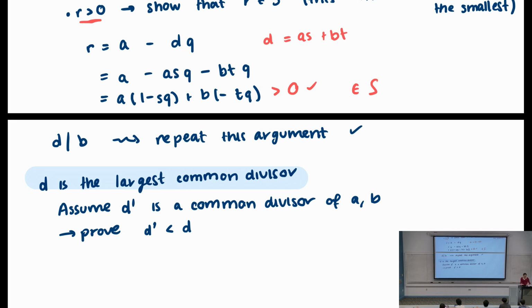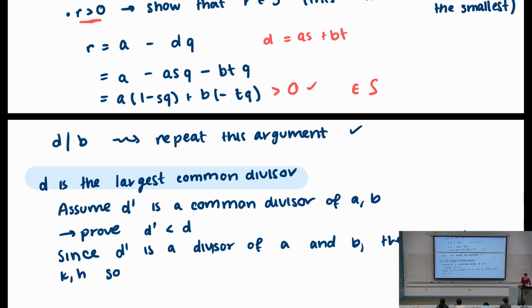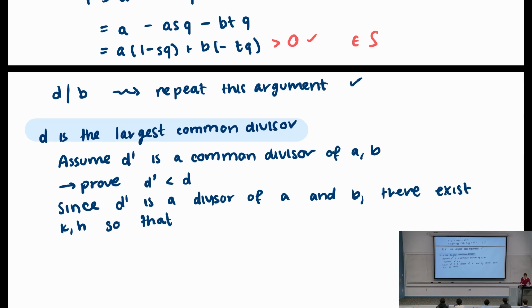Since D prime is a divisor of A and B, there exist K and H, so we can write A is equal to D prime H and B is equal to D prime K.